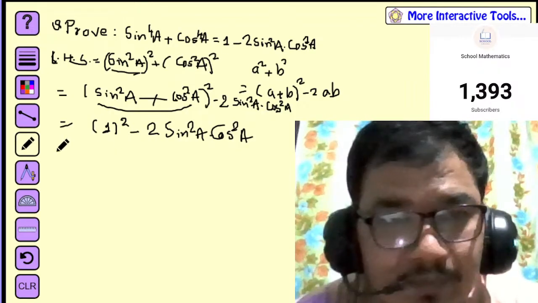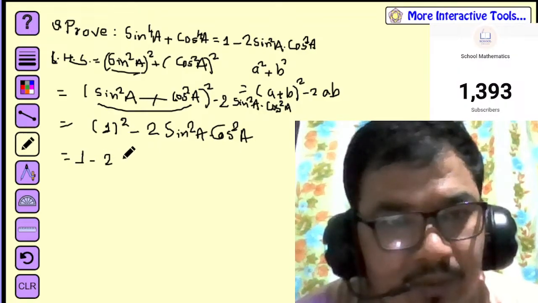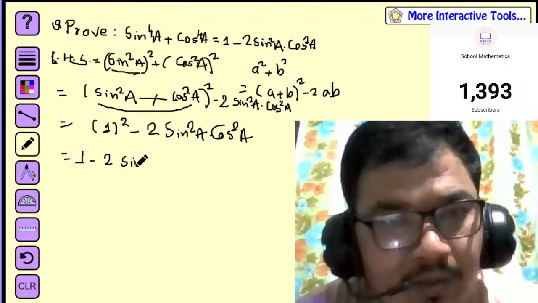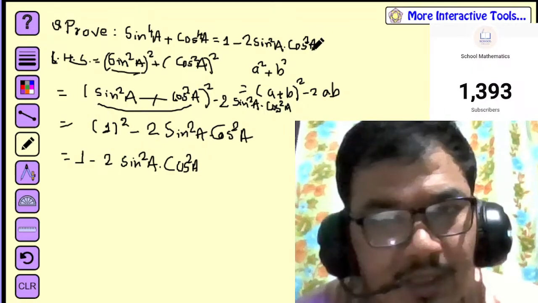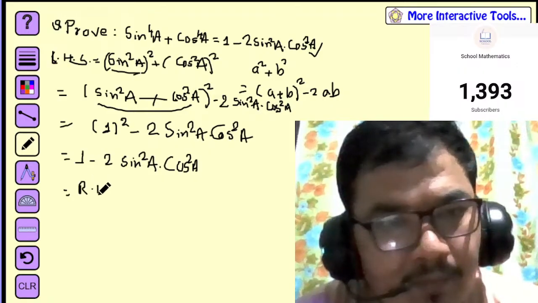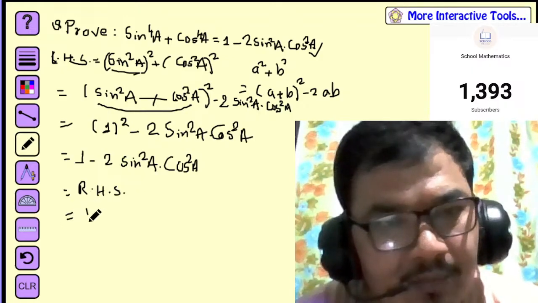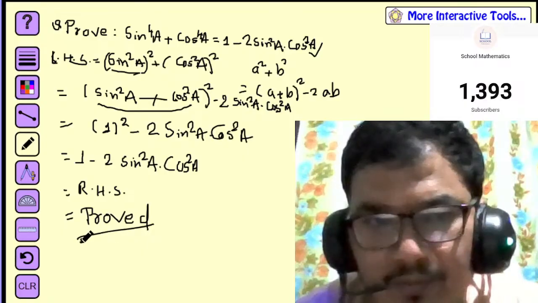Then our right hand side came right here: 1 square means 1 only, 1 minus 2 sine square a into cos square a. This is our result, we obtain the right hand side. Then it is proved. We proved it.